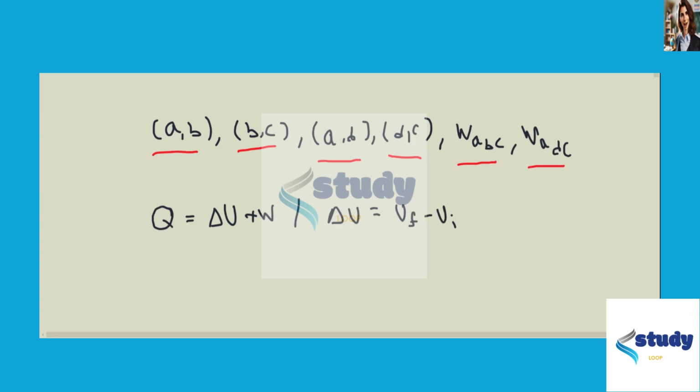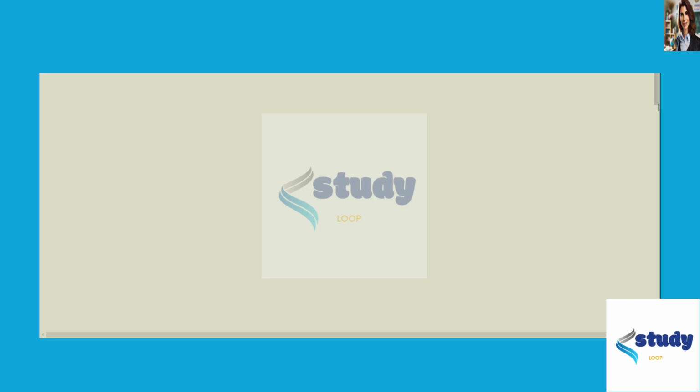So this will be used for every process. We will start from the process A to B. For every process, we will first evaluate the change in internal energy, and then we will evaluate the work done, or we will already have the work done given, and then we will simply add them together to evaluate Q, the corresponding heat.